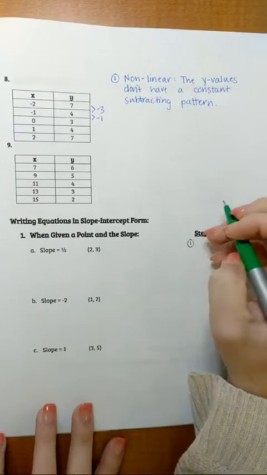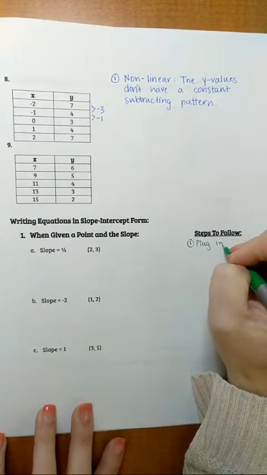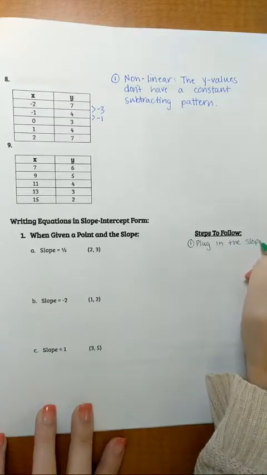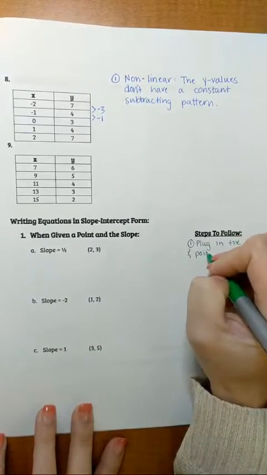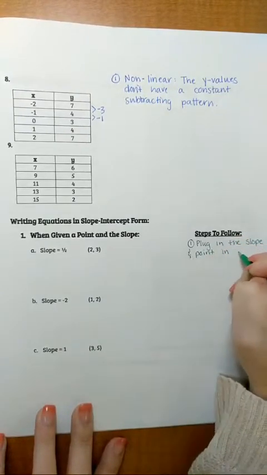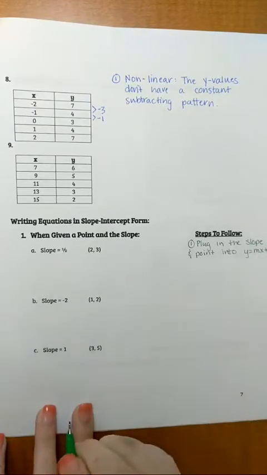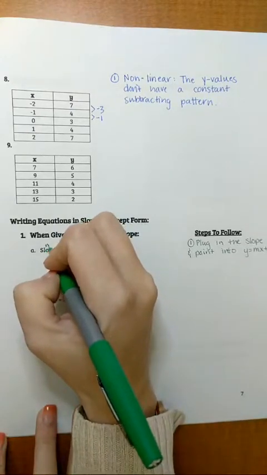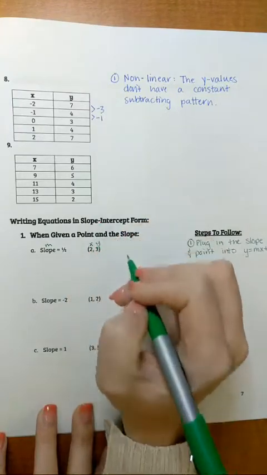So 1, you're going to plug in the slope and the point into your slope-intercept equation, which is y equals mx plus b. The slope is just your m value, and then this is going to be your x and your y.